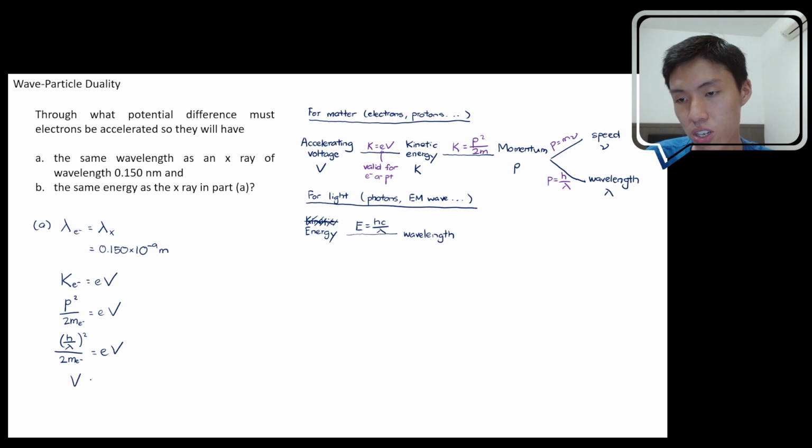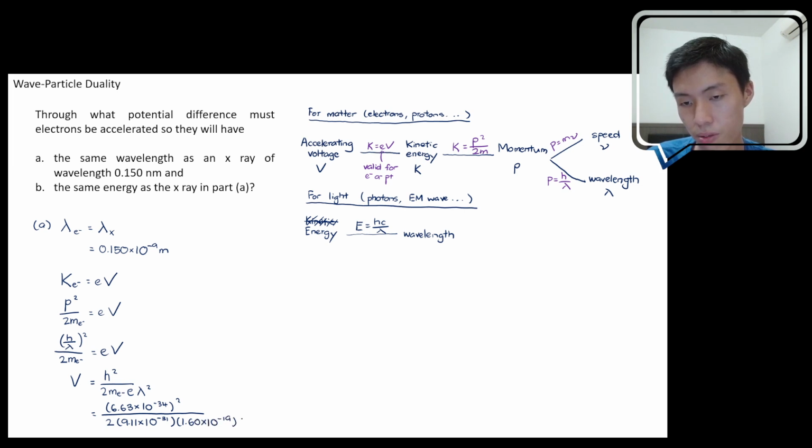If you want to rearrange it, you can put the accelerating voltage on the left-hand side. Then what's left on the right will be h squared divided by 2 m e e lambda squared. So this is your equation. Now it's just substitution. Planck constant 6.63 times 10 to the power of negative 34, squared, divided by 2, the mass of the electron 9.11 times 10 to the power negative 31, the elementary charge 1.60 times 10 to the power negative 19 coulomb.